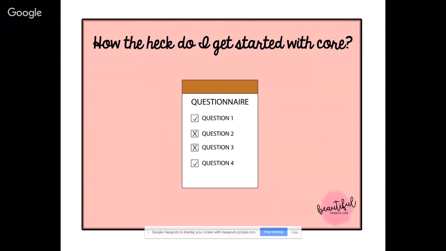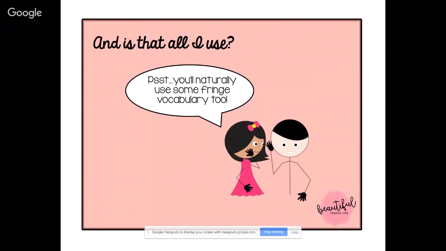So how the heck do you get started with core? And is that all you use? Of course it's not. You don't just use core. You're going to naturally use some fringe vocabulary, and fringe vocabulary is that specific vocabulary that we use for activities.